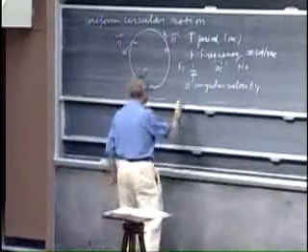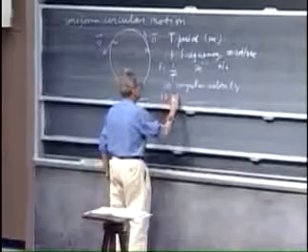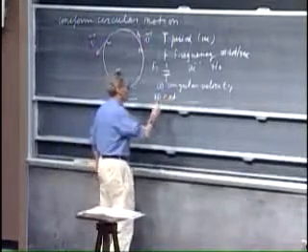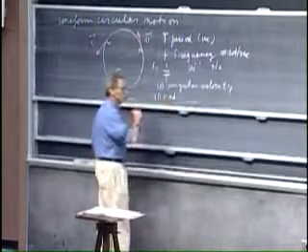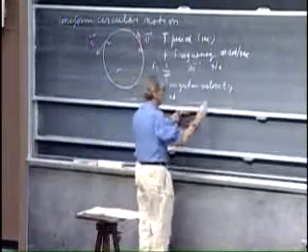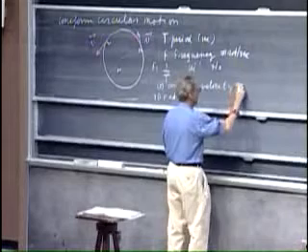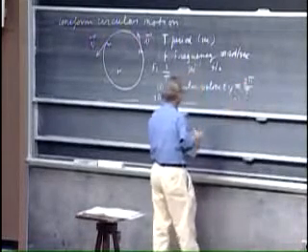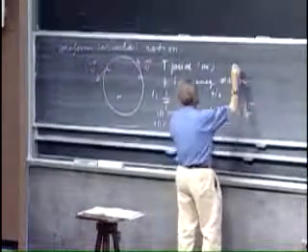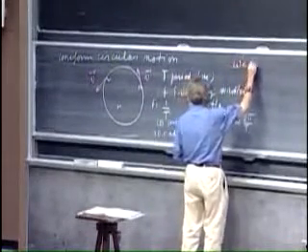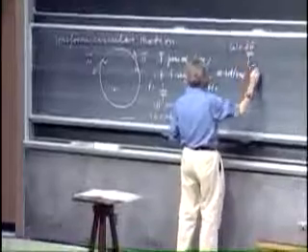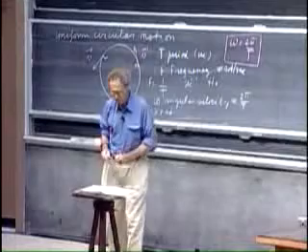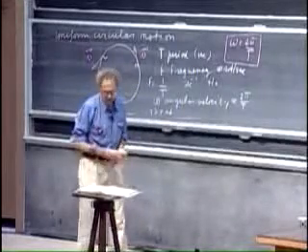Since there are 2 pi radians in one full circle, and it takes T seconds to go around once, it is immediately obvious that omega equals 2 pi divided by T. This is something that I would like you to remember. Omega equals 2 pi divided by T: 2 pi radians in capital T seconds.